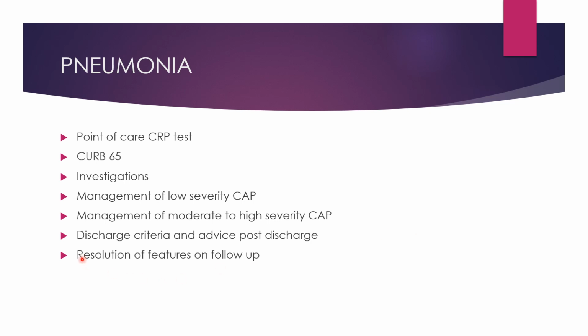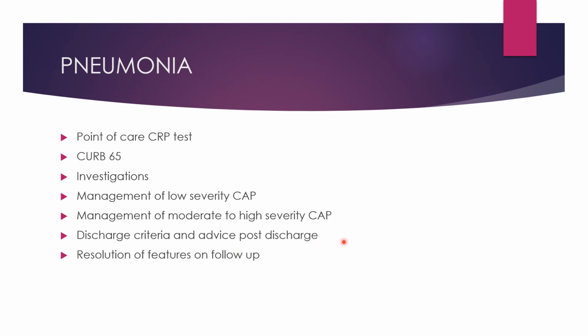And the next one is discharge criteria and advice post discharge. Usually, NICE recommends patients are not routinely discharged if in the past 24 hours they have had 2 or more of the following features. If 2 or more of these features are present, discharge is usually not considered.